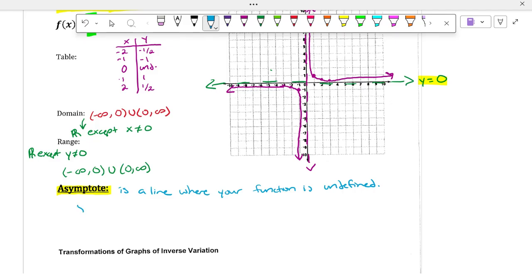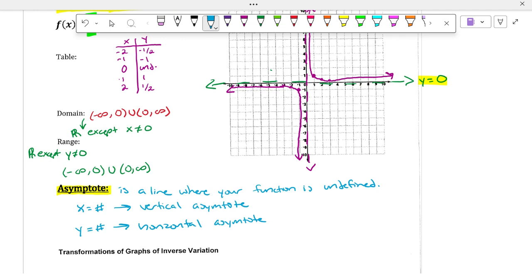So if you have x equals some number, that's what we call your vertical asymptote. If you have y equals some number, that's what we call your horizontal asymptote. And you write it as an equation of a line.